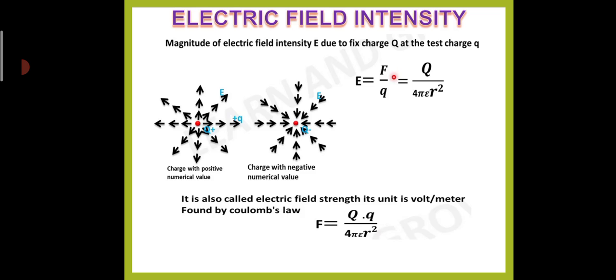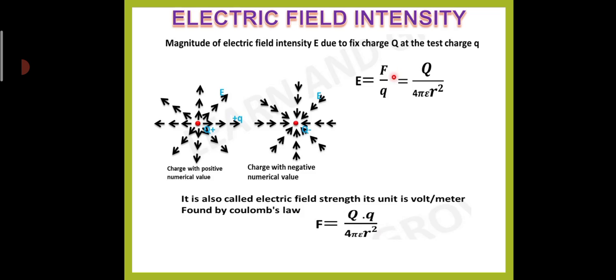So, it is also called electric field strength. Its unit is volt per meter. Found by Coulomb's law, F equal to Q into Q divided by 4 pi epsilon R square. Another definition of electric field intensity may be stated as the force experienced by a unit positive test charge, that is Q equal to 1 coulomb.